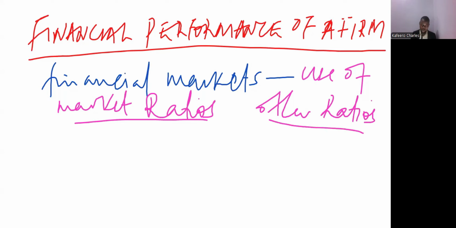The question is talking about market ratios, in the sense that these other ratios we did on our level 2 financial management. But on the advanced level, the market ratios on level 2, we don't look at in detail.